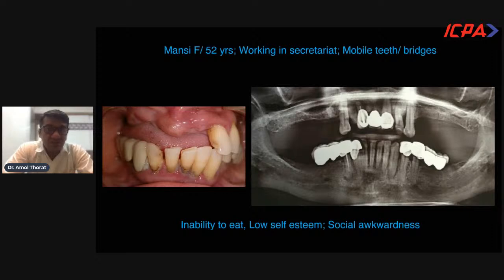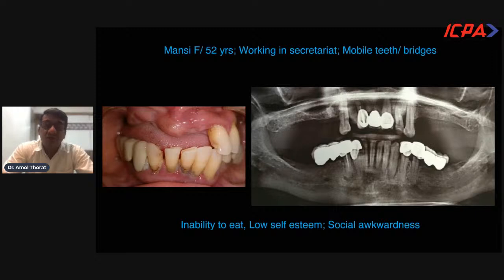Again, if you see the posterior maxilla, we have deficient bone. We don't have sufficient bone below the sinus to place straight implants and load them immediately. So in this case, I need to take out those teeth and place the implants, but probably I won't be getting good primary stability because I am doing a sinus augmentation procedure.